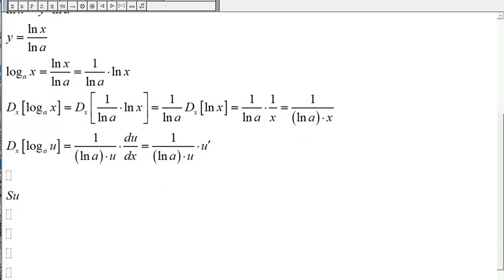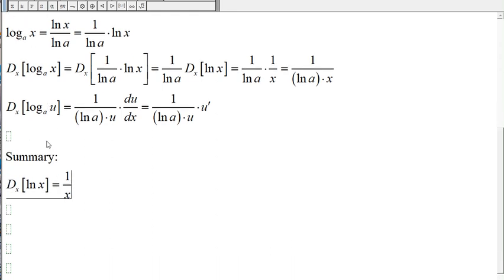So a summary. Before, we had the derivative of ln of x, which is just 1 over x. And now we have these results.